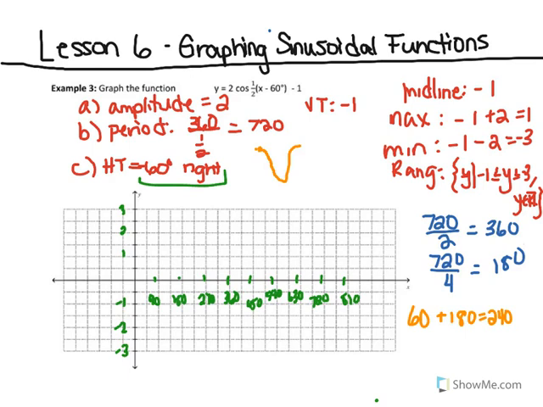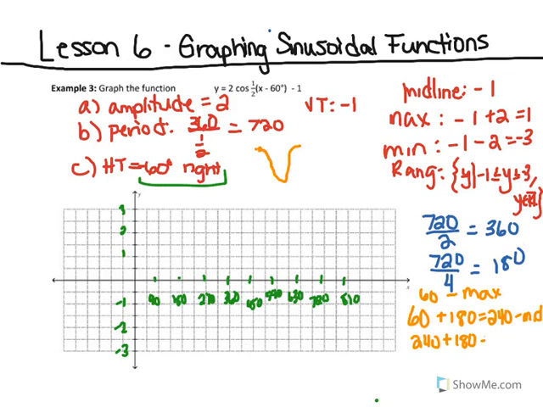That means that when we plot our 60 degrees first, this is going to be a max. So this one has to be touching the midline. And then when we take 240 and add another 180, I guess I should give you that number, 240 plus 180 is equal to 420.